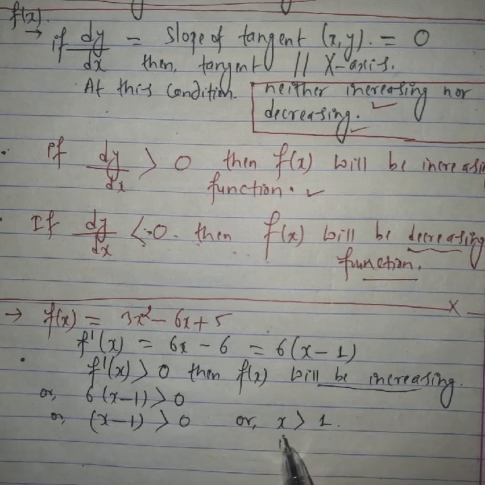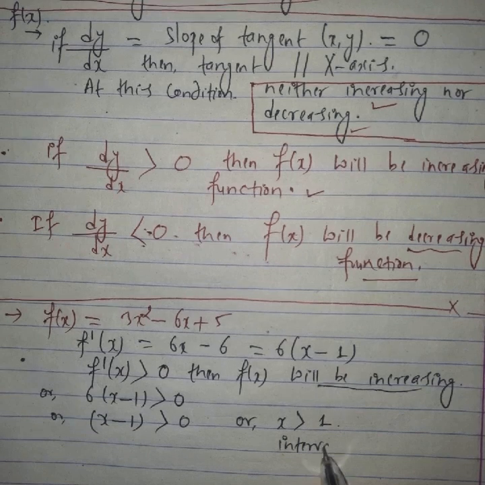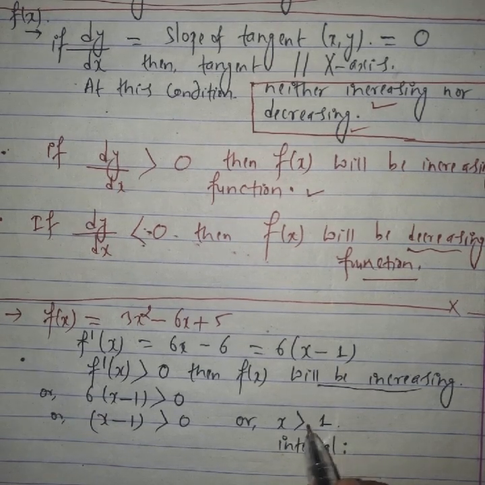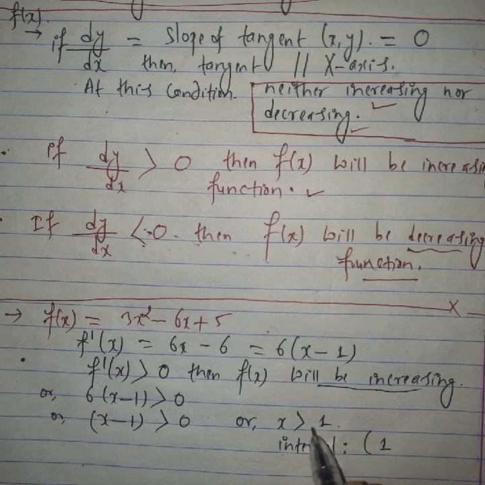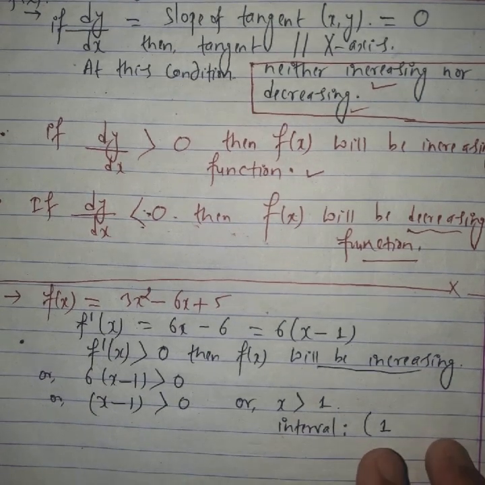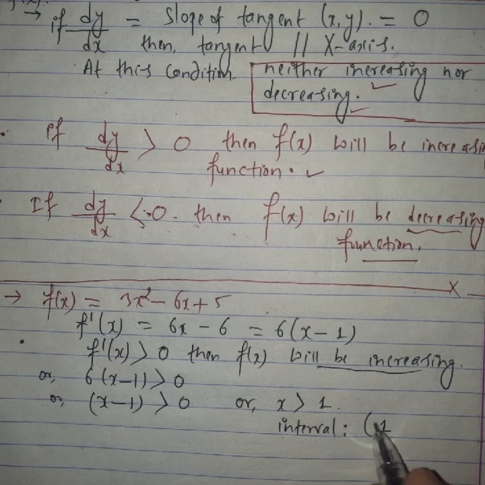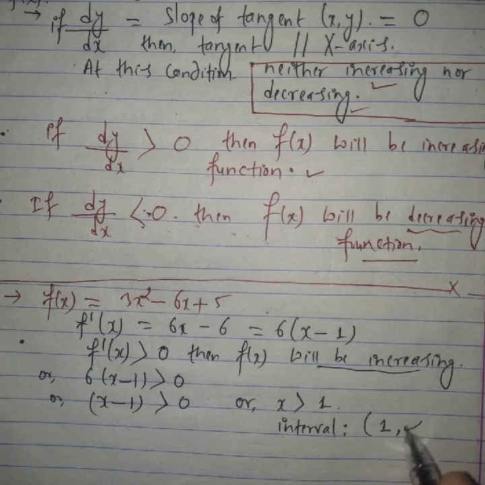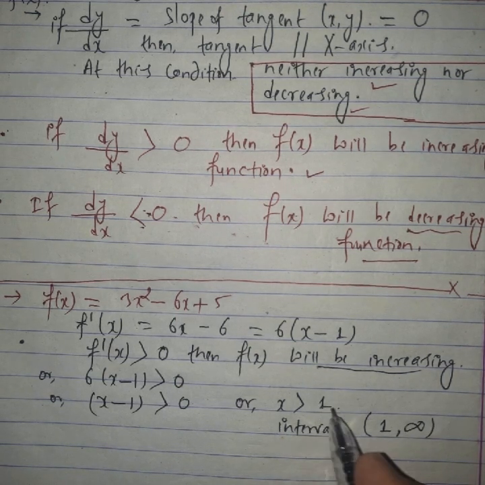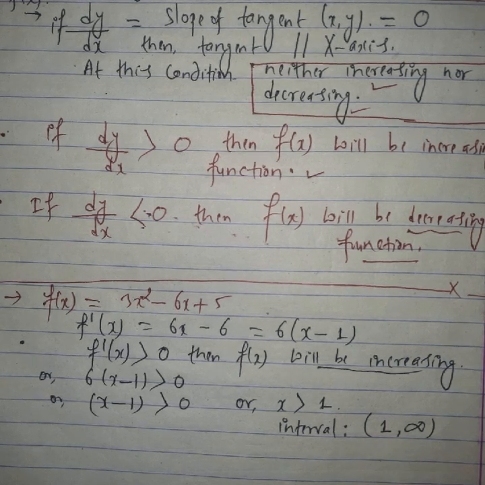And in interval form, the value of x greater than 1 can be written as follows. Here the 1 is not included, so we take the small bracket to infinity. X greater than 1 means between 1 and infinity.